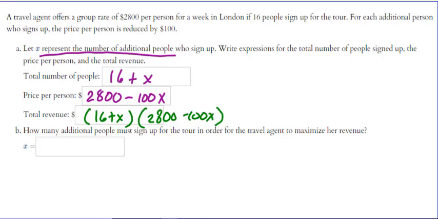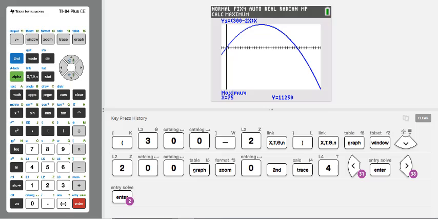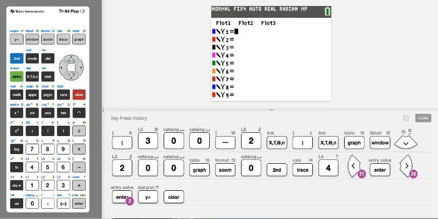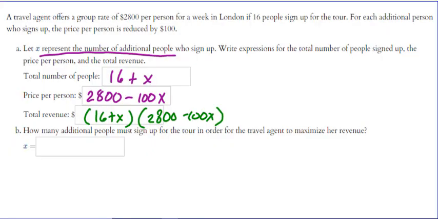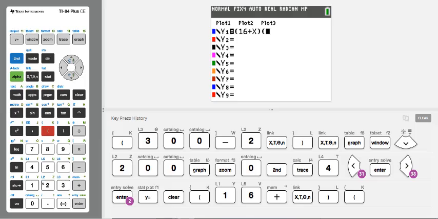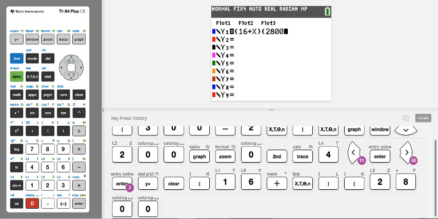Now, how many additional people must sign up for the tour in order for the travel agent to maximize her revenue? Okay, so all we've got to do is type the revenue equation in. So if I go y equals, that's clear, 16 plus x, close parentheses, 2,800 minus 100x.